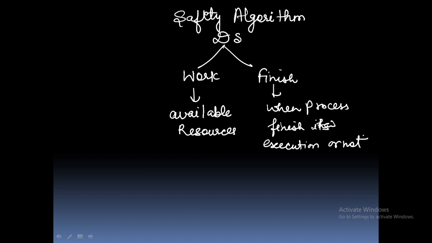In step number 4, the loop of steps 2 and 3 is repeated. And in step number 5, if all the processes can be executed in some sequence, then the system is said to be in a safe state. In other words, if finish becomes true for all processes, then the system is in a safe state, otherwise not a safe state.